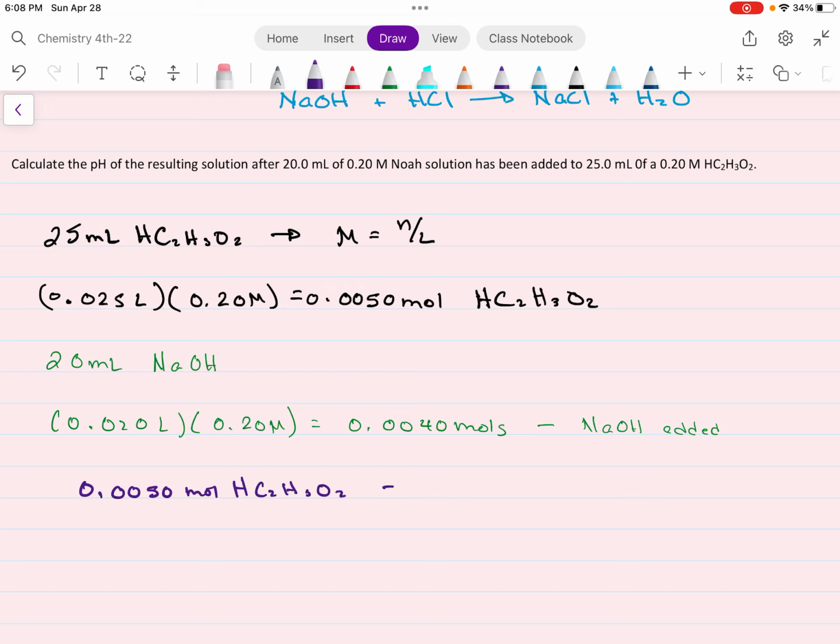And then I'm going to subtract from that the amount of moles that we added of the NaOH. If we take the difference, we're going to figure out that we have 0.0010 moles of acetic acid that has been unreacted, unneutralized.